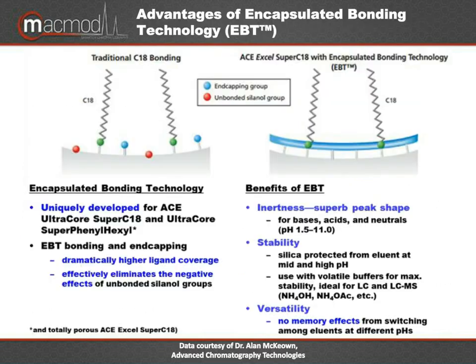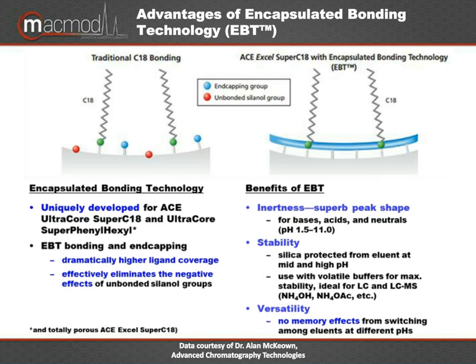So what gives these two phases their unique performance? It is encapsulated bonding technology, or EBT. This is just a diagram that shows a traditional C18 bonded material on the left-hand side of the graphic at the top, where you see your unbonded or residual silanols.